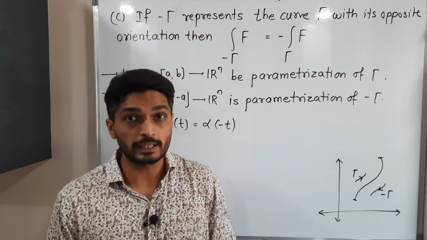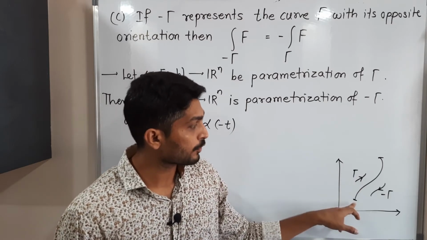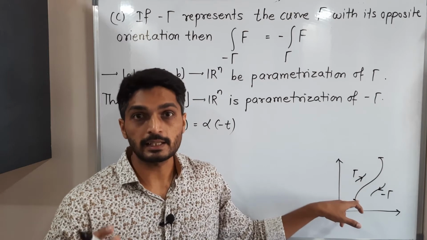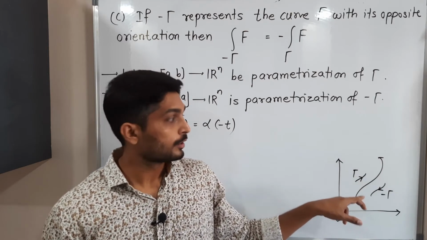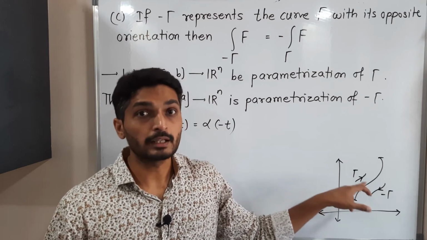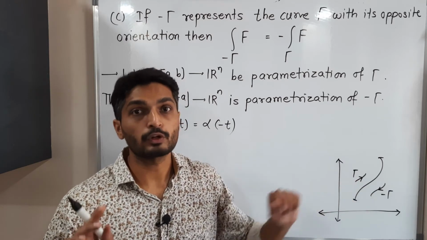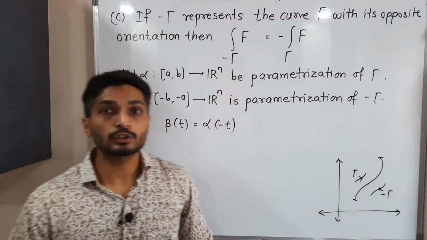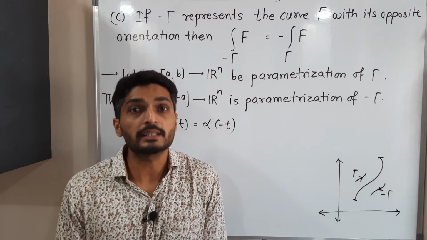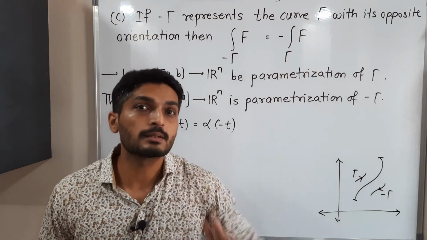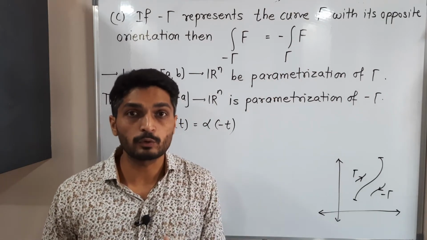So gamma goes from this point to this one, and minus gamma has exactly the opposite direction. That means the starting point of gamma is the ending point of minus gamma, and the ending point of gamma is the starting point of minus gamma. Then what we have to prove is that the integration of vector field f over minus gamma is nothing but the integration of f over gamma with just a minus sign.